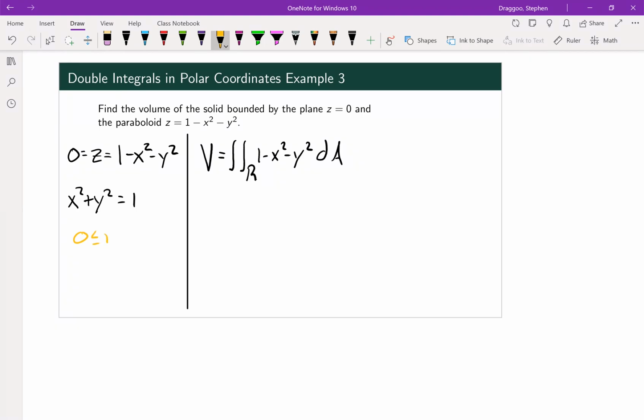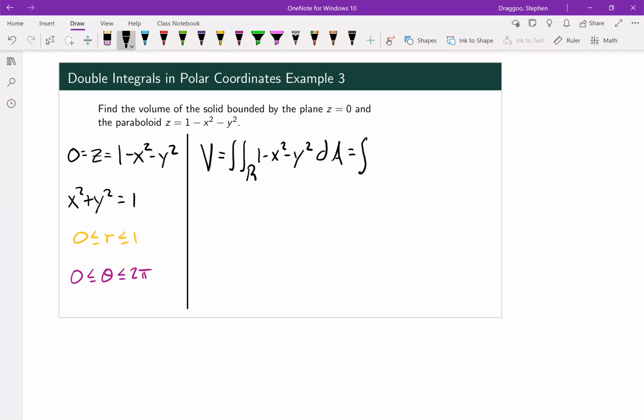meaning that r is in between 0 and 1, and theta is in between 0 and 2 pi, because we're going to want to go all the way around this circle. So plug all that stuff in.